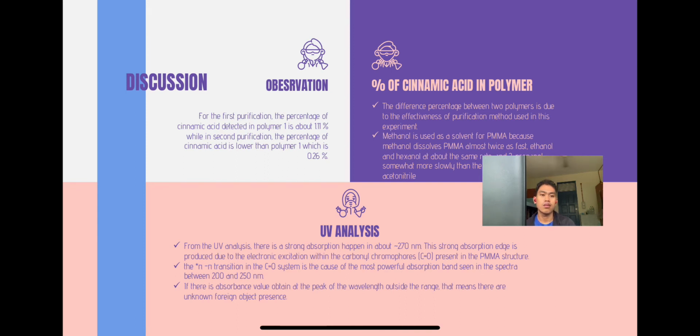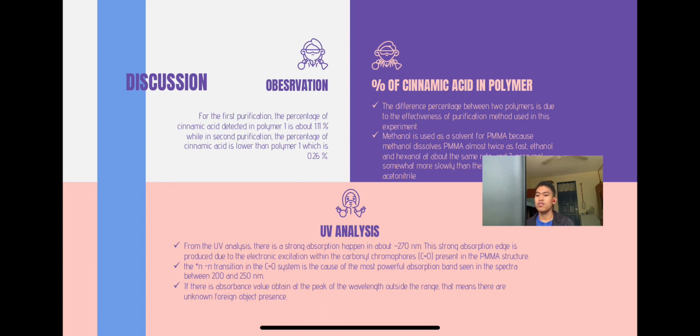So this is the reason why there is a big peak in the range that I mentioned before. This characteristic is present in both types of sample. From this UV, the cinnamic acid is also present at a wavelength of about 270 nanometer, which confirms its presence in the compound.